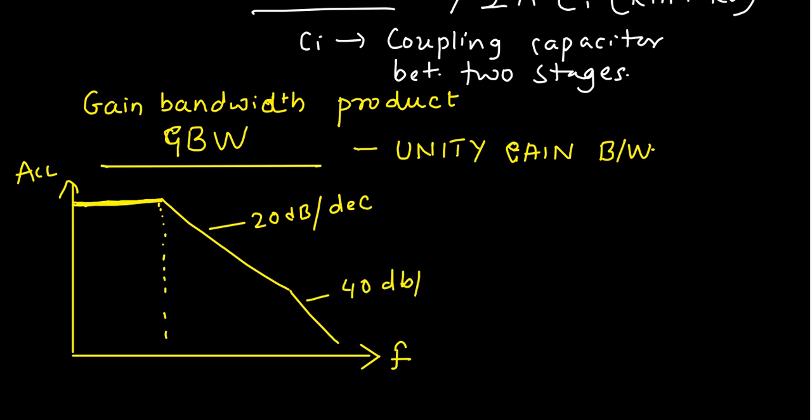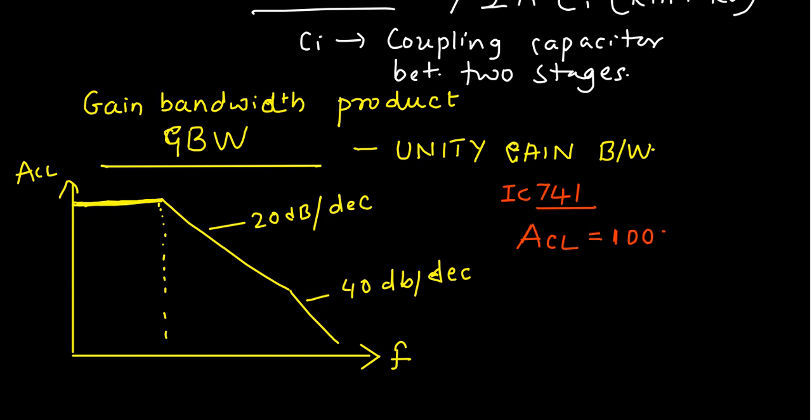Now, let us take one example. Let me give you the example of our IC 741, which we generally come across. For IC 741, when the closed loop gain ACL is equal to 10,000, this takes place at an upper frequency of about 80 hertz.